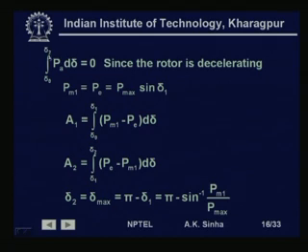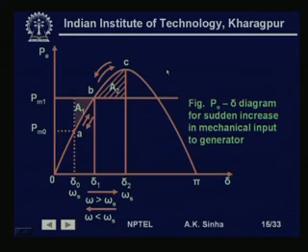So, now we have the integral from delta 0 to delta 2 of P A d delta is equal to 0, since the rotor accelerates in this part and decelerates in this part and reaches the synchronous speed at delta 2.